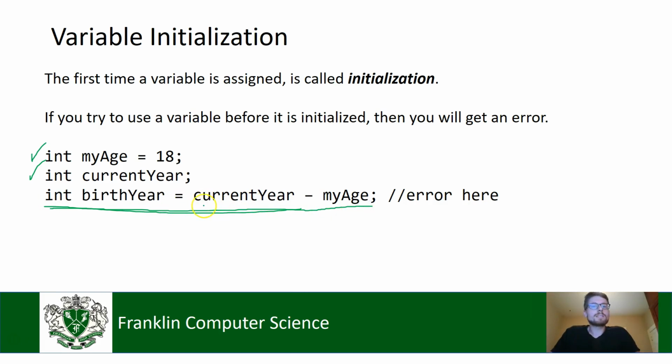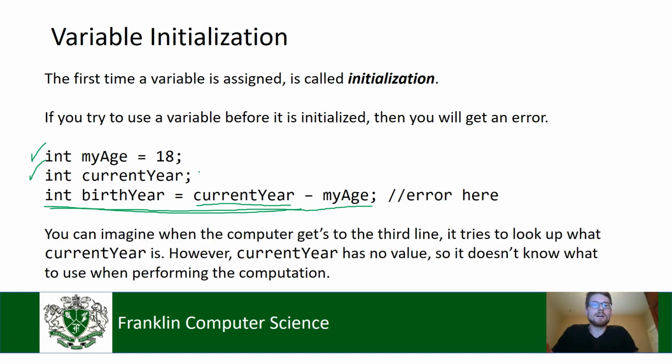Well, this line is going to say, okay, go find me current year. And it's going to say, well, you didn't store anything here. I don't know what to do, you didn't give me a value. So I don't have something to subtract my age from. I can't guess what the value is. So you get an error here because it hasn't been initialized.